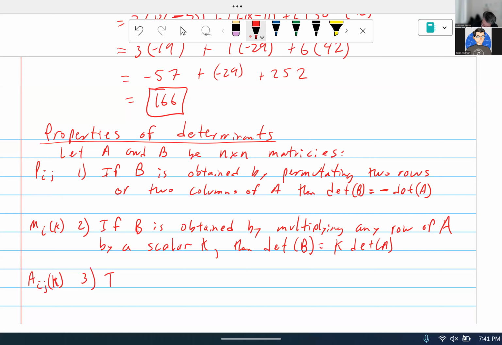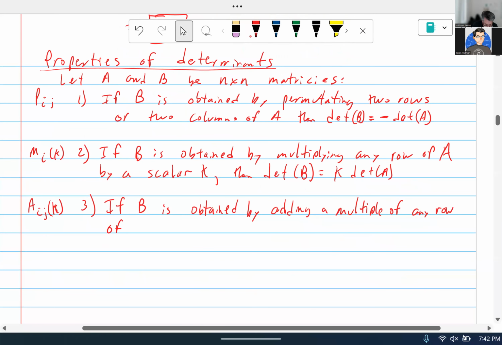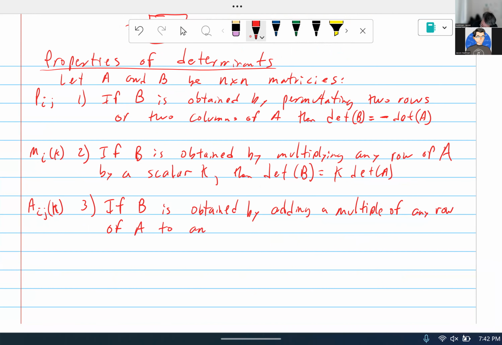If B is obtained by adding a multiple of any row of A to another row of A, then the determinant is unchanged, which is kind of cool.